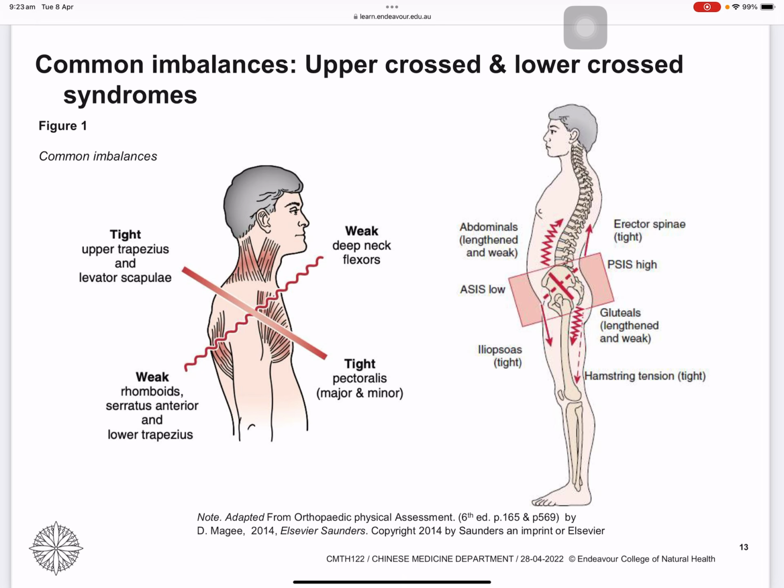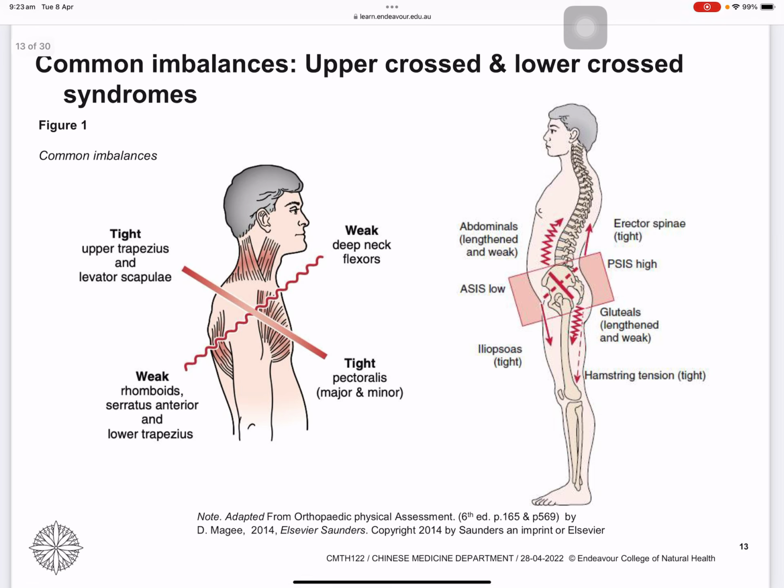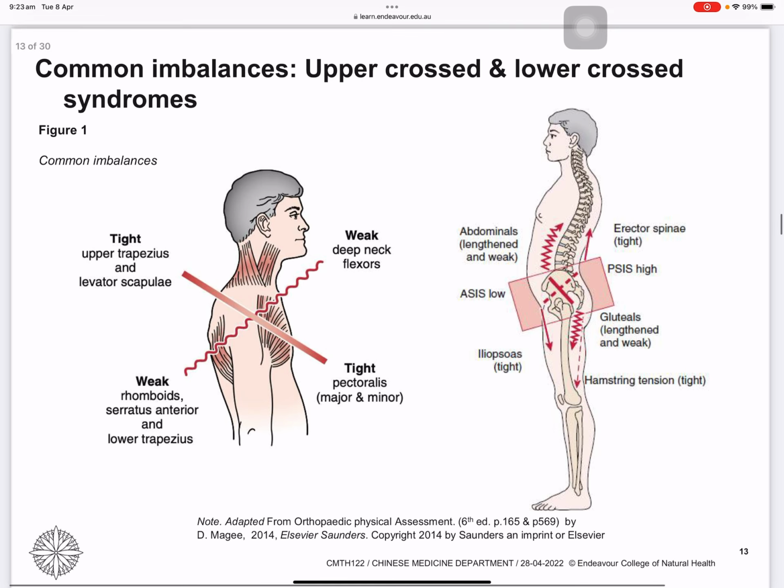It's usually the weakness of this part of the muscle, on the front. Mostly their body posture will put weight on the front side. Also the ASIS will usually get low, the PSIS will get high and the ASIS will get low, like this.